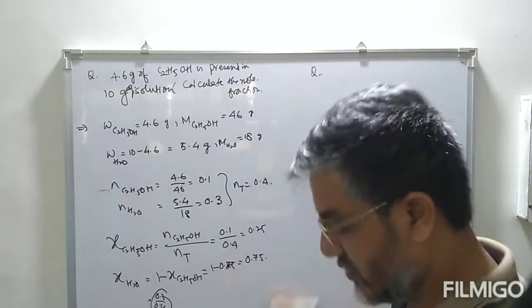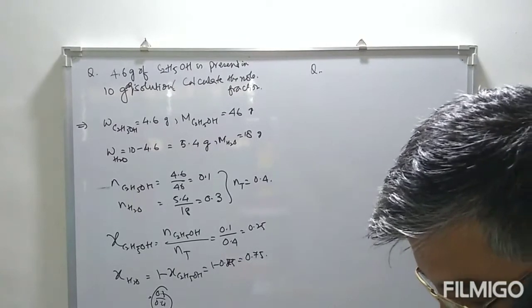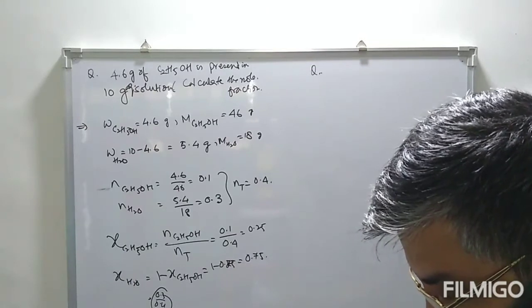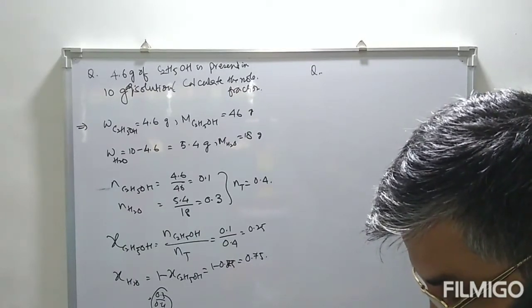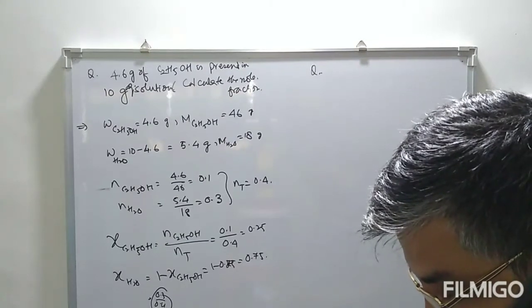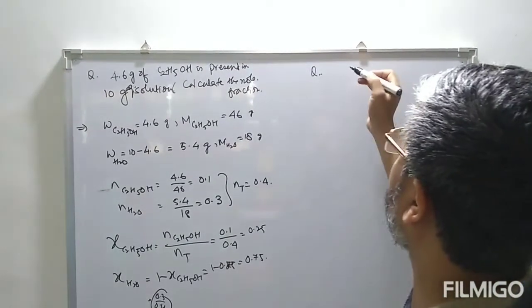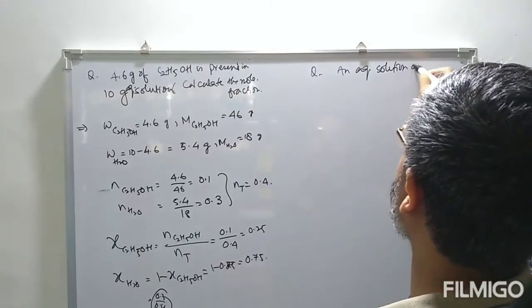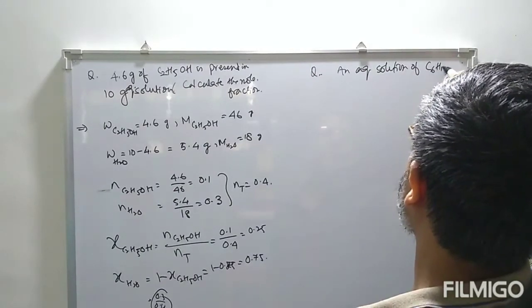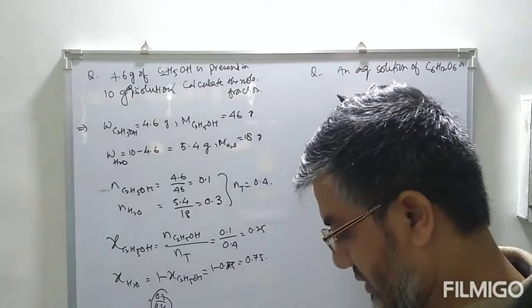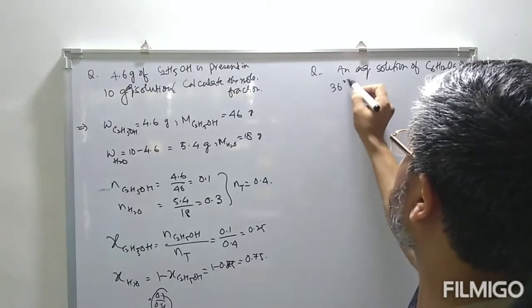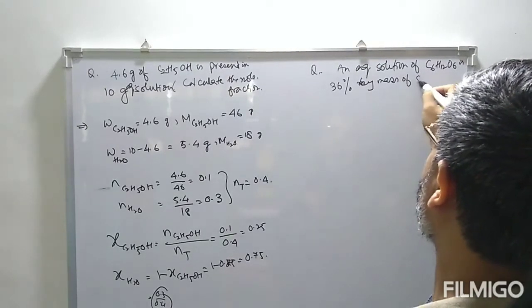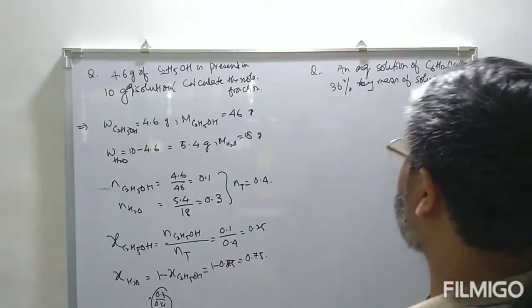Let's take some more examples here. An aqueous solution of glucose C6H12O6 is 36% by mass of solution.